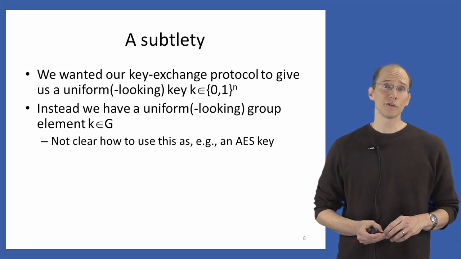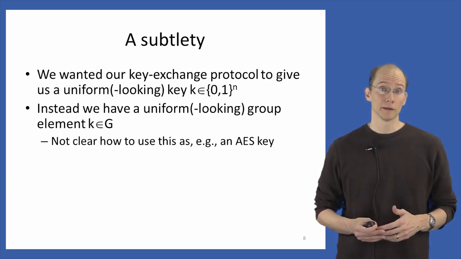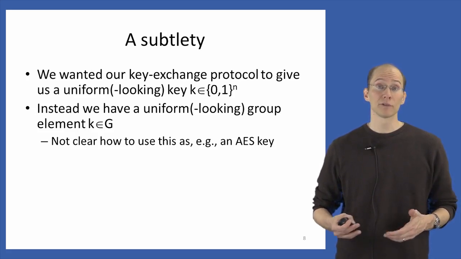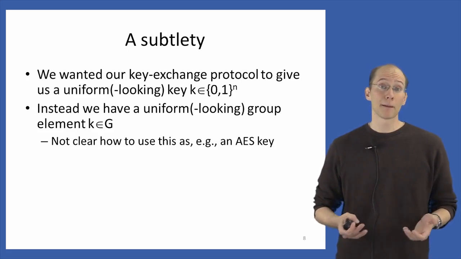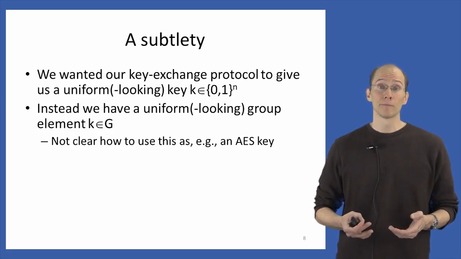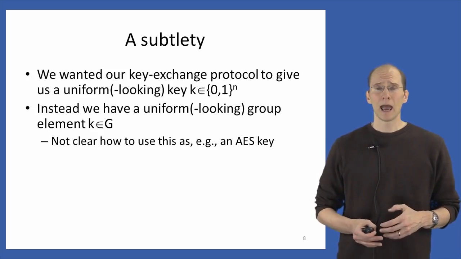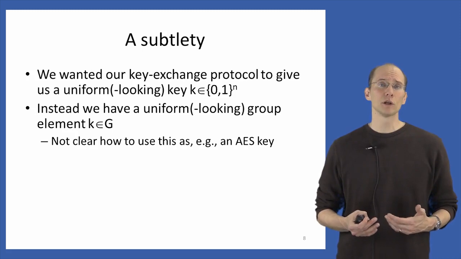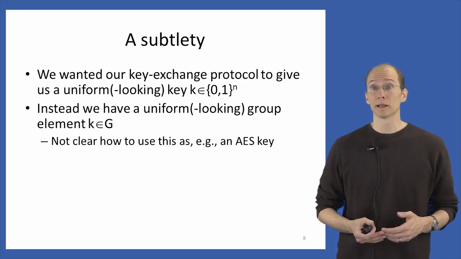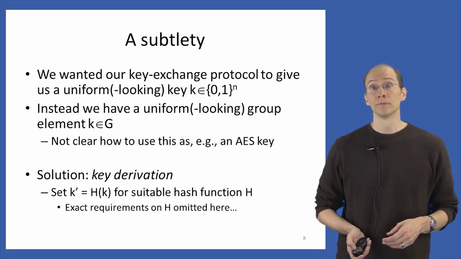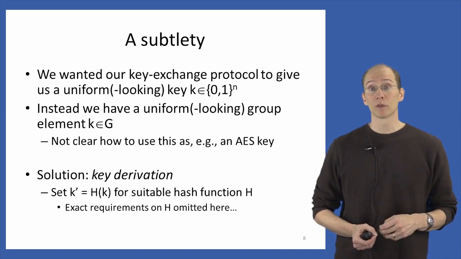And instead, in the Diffie-Hellman protocol, we end up with a uniform-looking group element k, which for one thing may not have length equal to n, and for another thing may not be a uniform string, unless it happens to be the case that the group itself corresponds somehow to uniform strings of some length. And in general, it's not clear how you would use a group element, random or not, as, for example, a 128-bit AES key.